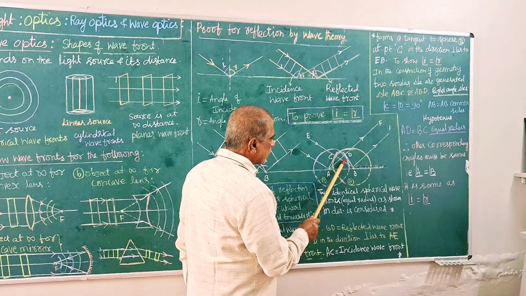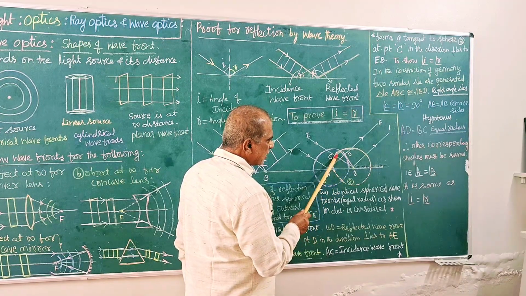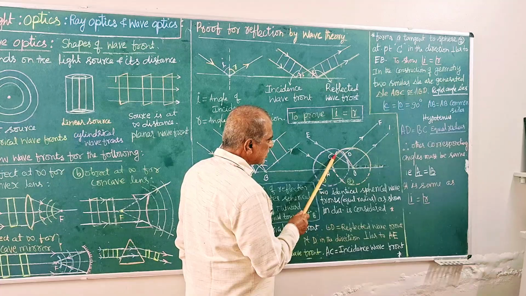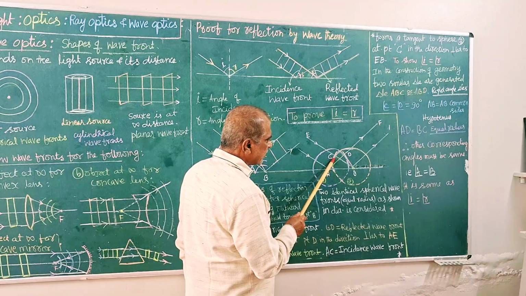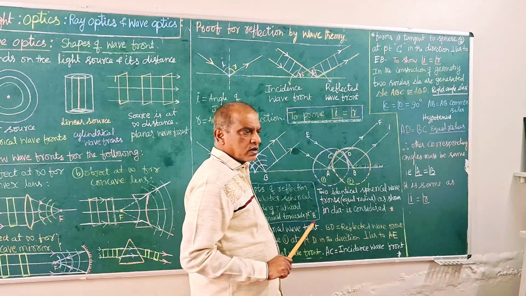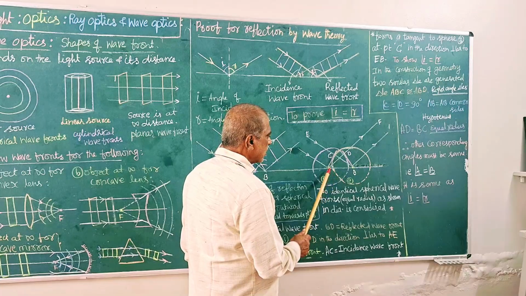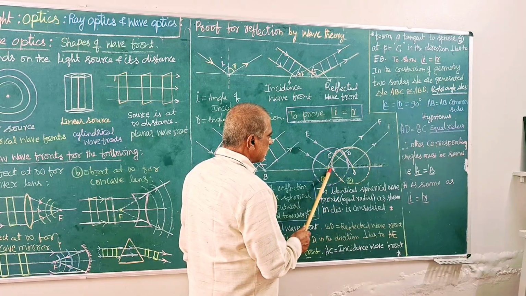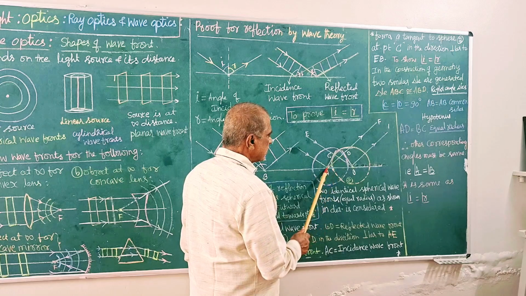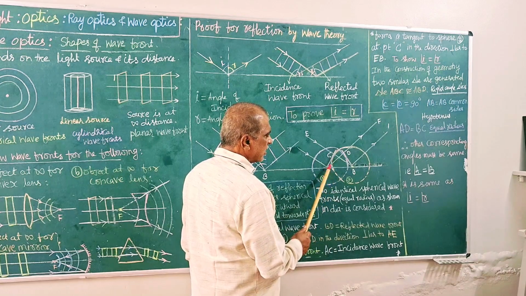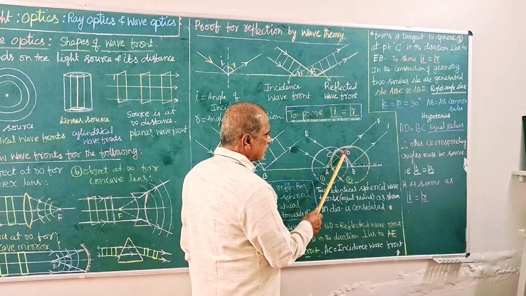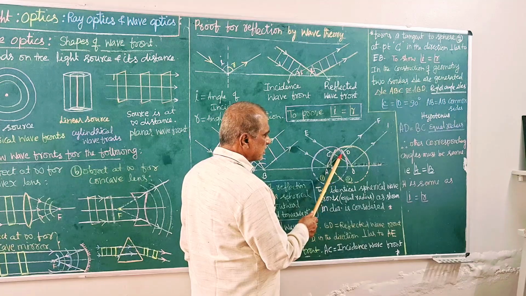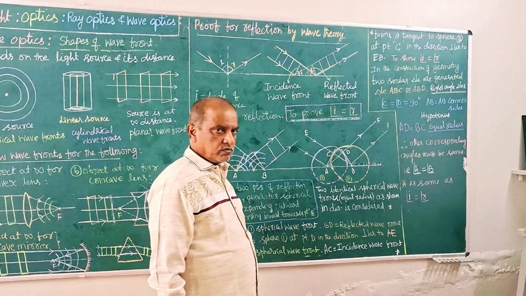Triangle ABC, of course a right angle. The angle between this line and this line is 90 degrees. And one more triangle, ABD, like this. This triangle is another triangle. Again, the angle between this line and this line is 90 degrees. Right angle triangle.